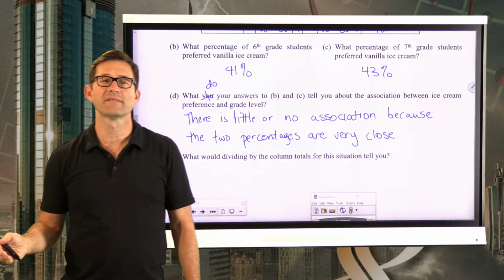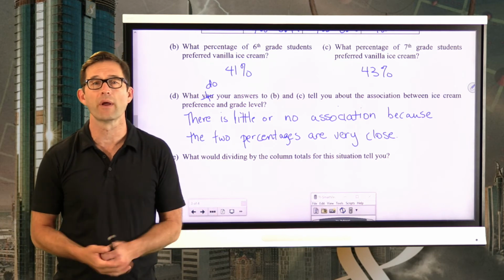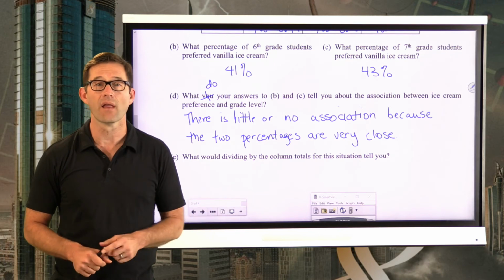And that kind of makes sense, right? Why would it just magically be that when you go from 6th grade to 7th grade, you suddenly start liking chocolate ice cream more, or you suddenly start liking vanilla ice cream more?